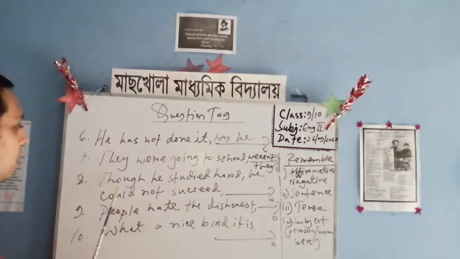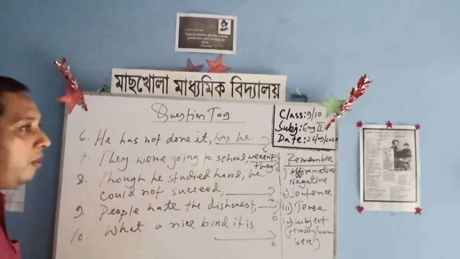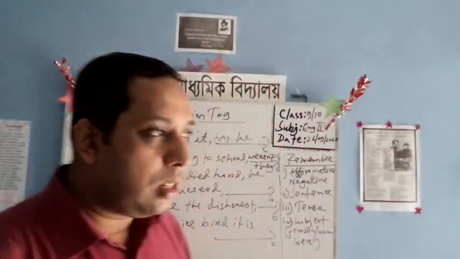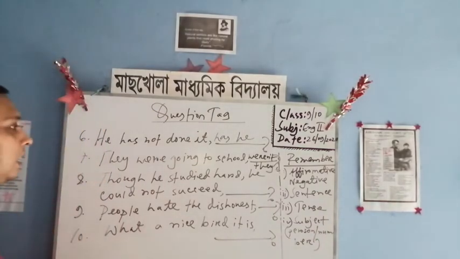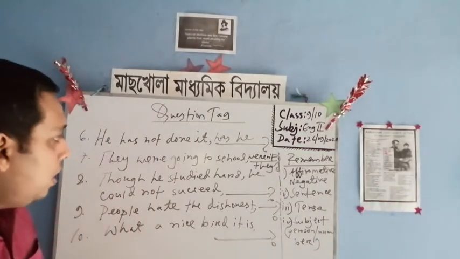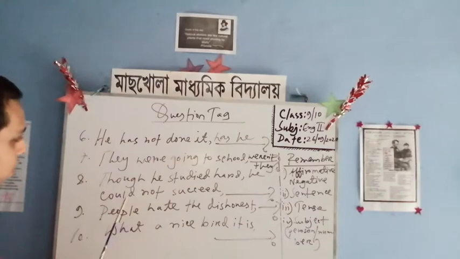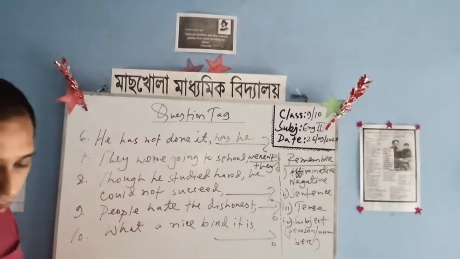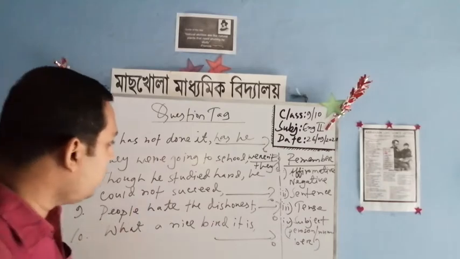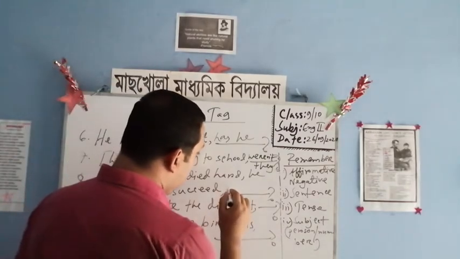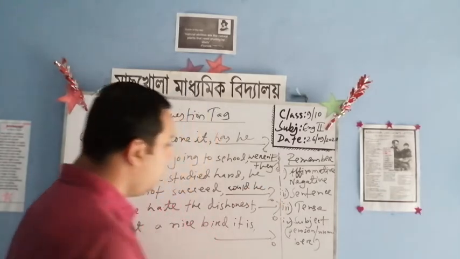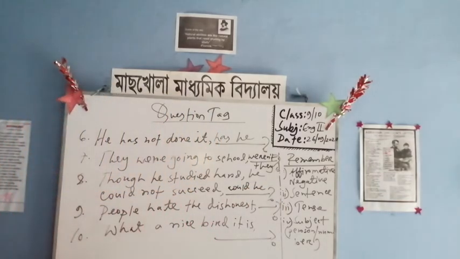If the sentence is a complex sentence, we have to answer looking at the principal clause. So this is the principal clause: he could not succeed. So this is a negative one, so we should use could he. This would be the answer. Okay.